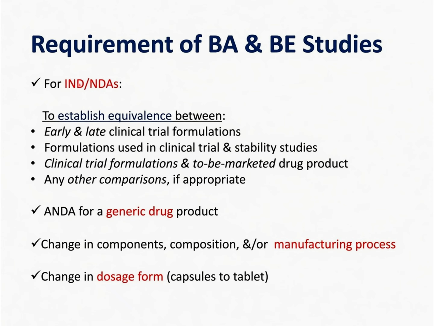So let's discuss the requirements for bioavailability and bioequivalence studies for investigational new drug and new drug applications: to establish equivalence between early and late clinical trial formulations, formulations used in clinical trials and stability studies, then clinical trial formulation and to-be-marketed drug products, any other comparison if appropriate, then ANDA for generic drug product, change in components, composition or manufacturing process, change in dosage form.